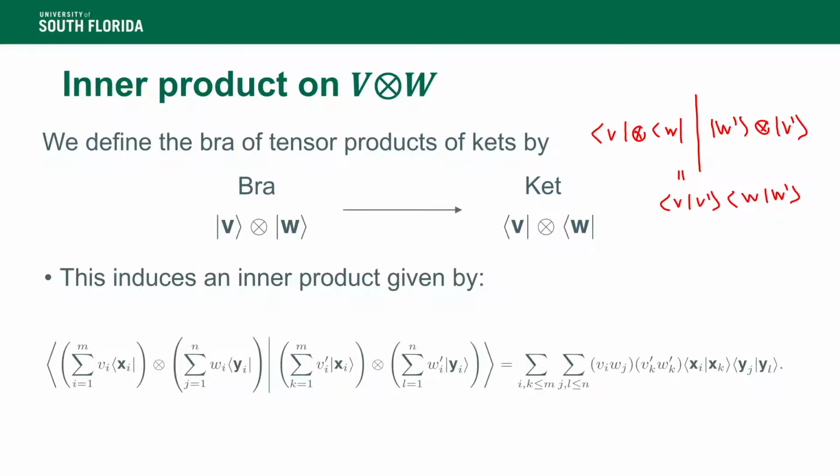Now, by multilinearity, just by replacing V and V prime, we get a straight formula, and then we can of course extend this by bilinearity of the inner product. You can extend this formula to any tensor.